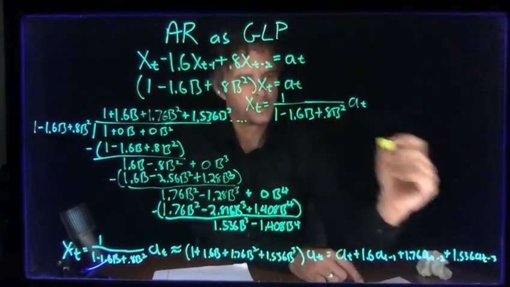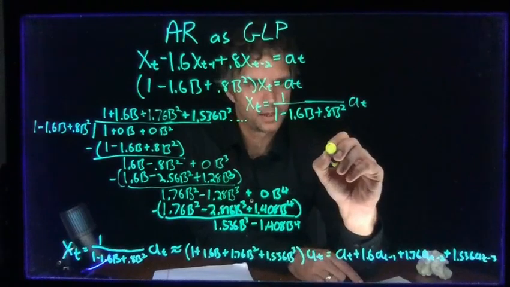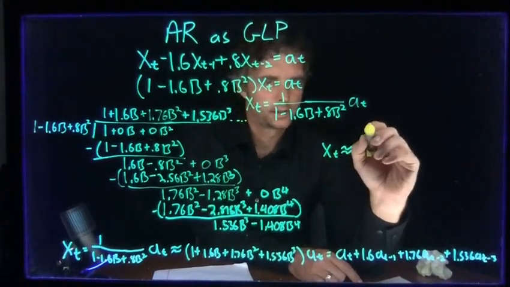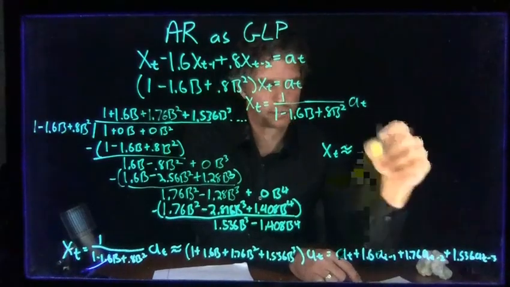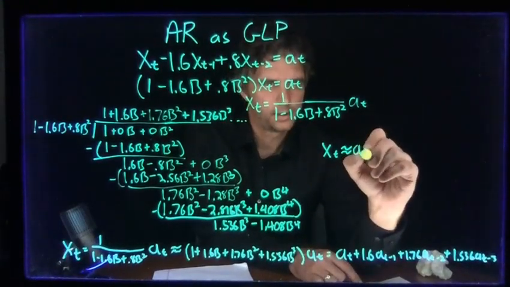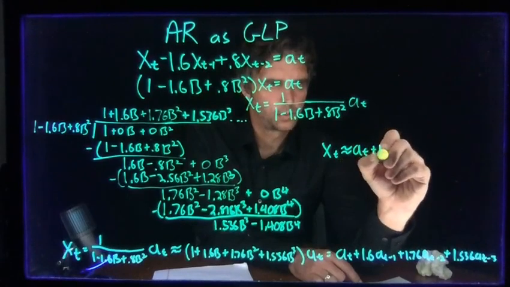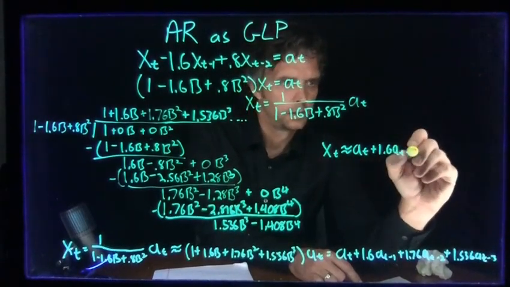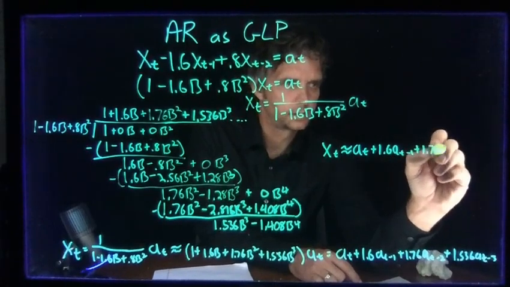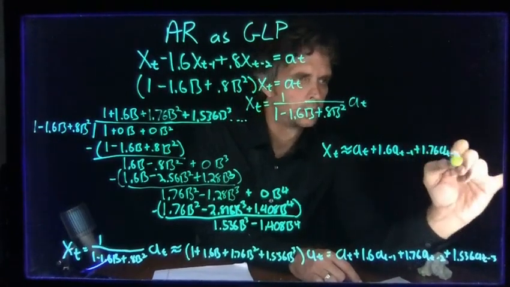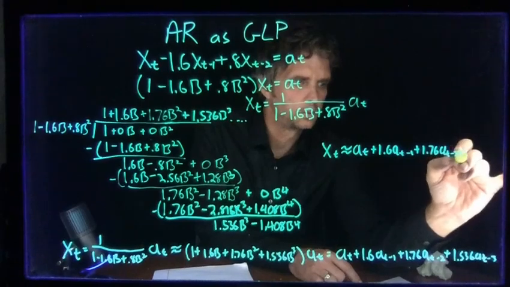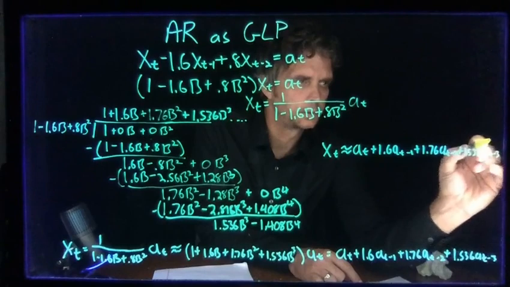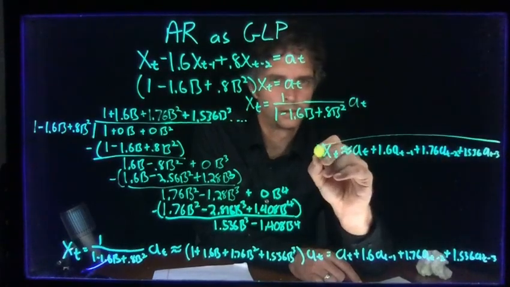And so at the end of the day, we can represent xt approximately as, again, just rewriting that, put it all together, at plus 1.6 at minus 1 plus 1.76 at minus 2 plus 1.536 at minus 3.